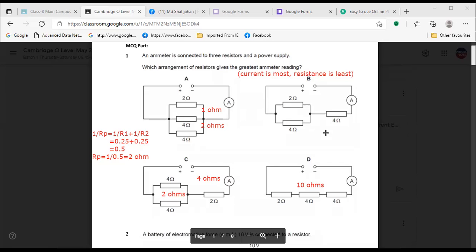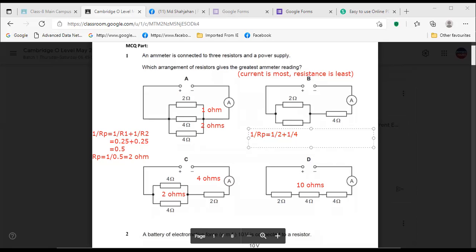Yes, sir. Now this one we calculate again. A parallel combination. This one we have to do calculation, no shortcut way. 1 by Rp equals 1 by 2 plus 1 by 4.